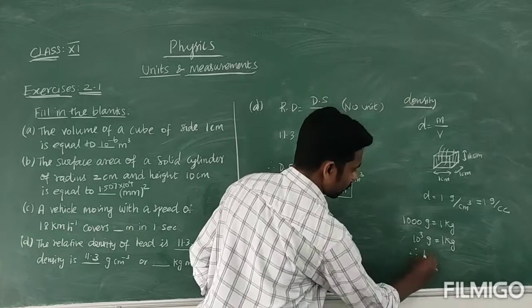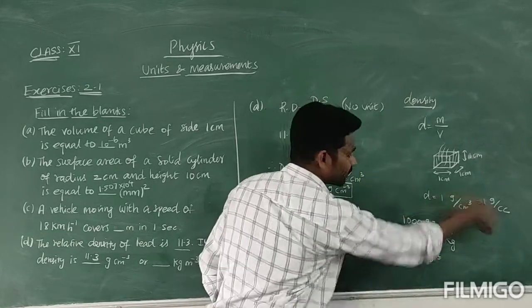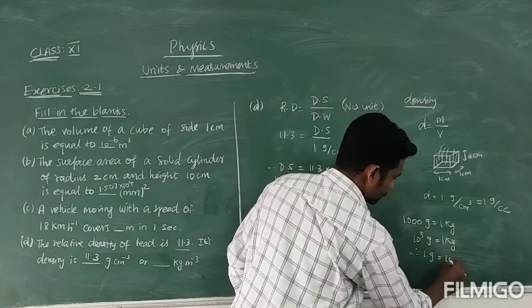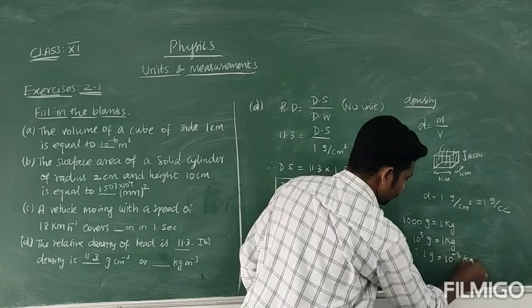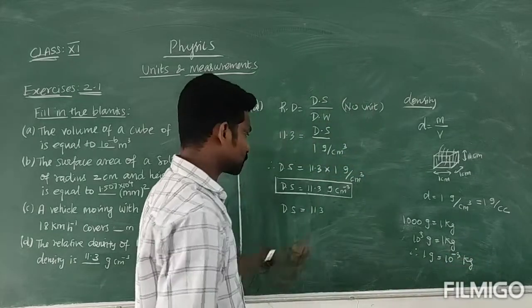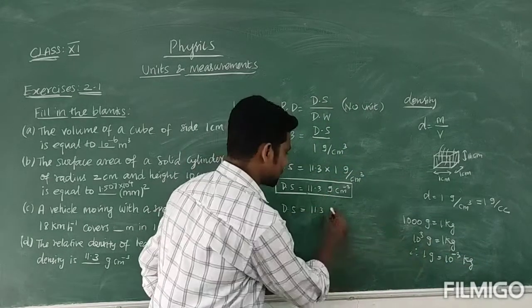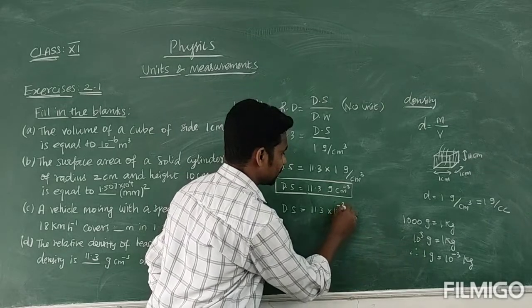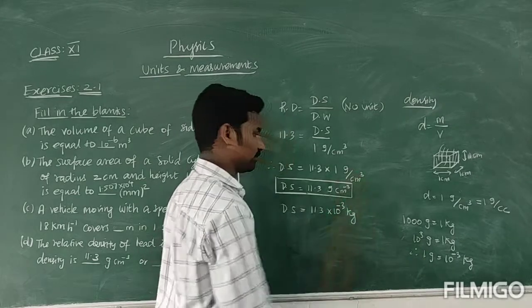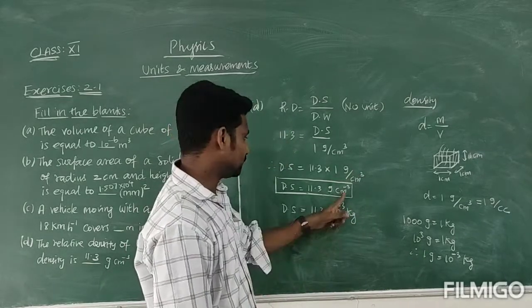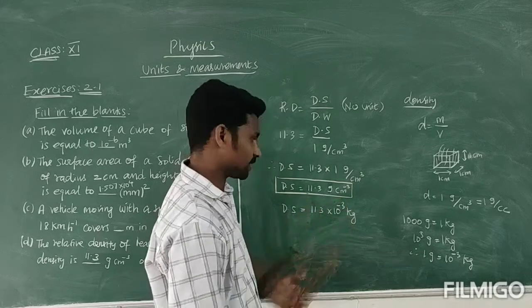So therefore 1 gram is equal to, moving that side, 10 power minus 3 kilogram. Okay, so now gram I converted as 10 power minus 3 kilogram. Then divide by centimeter cube.